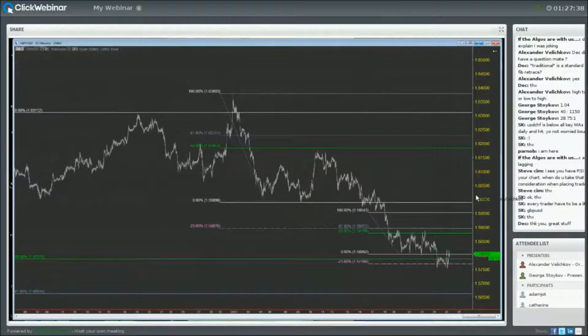I've been repeating that every day this week, but we have some new people in the room, so might as well look at it. What we had first is a halfway-back off the top, drawn from the 1.63803 to lows over here at the 1.5989.